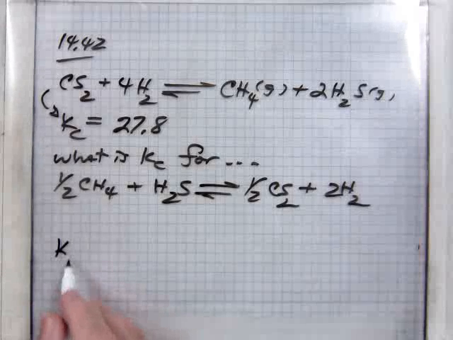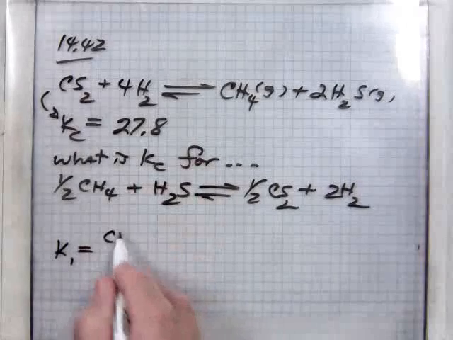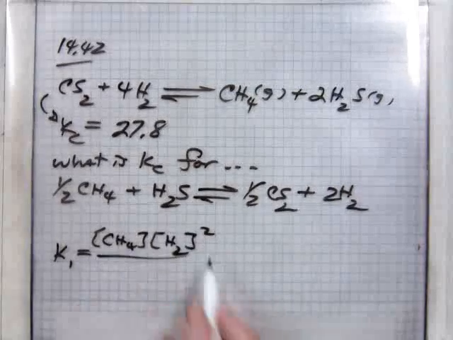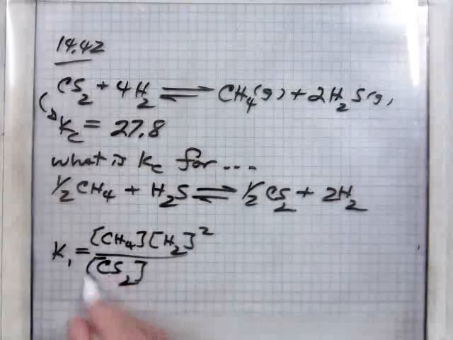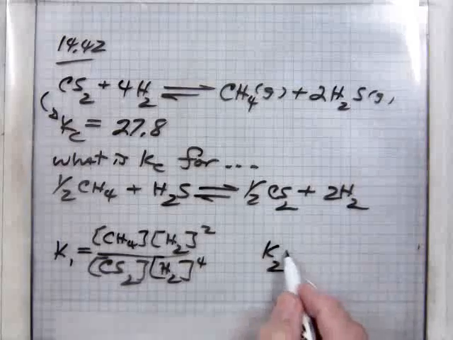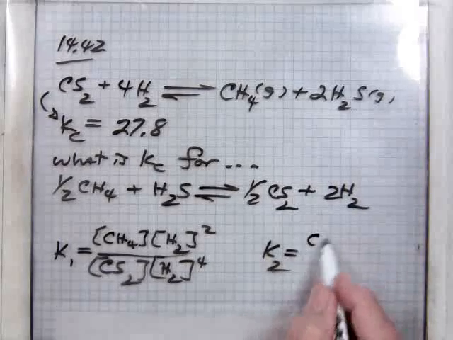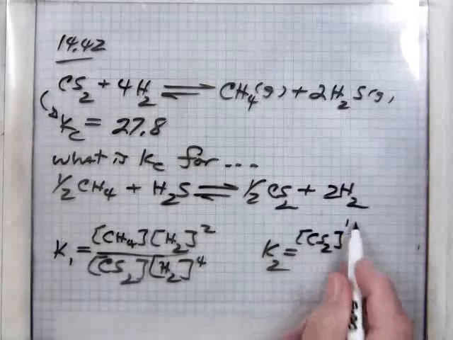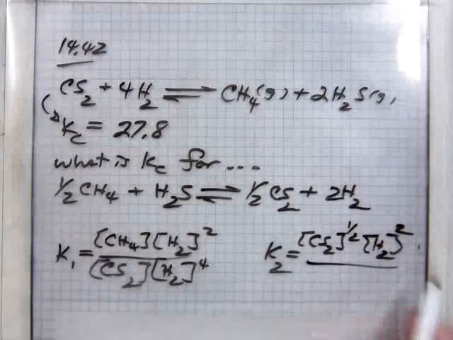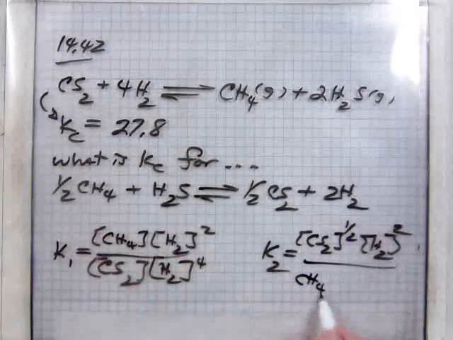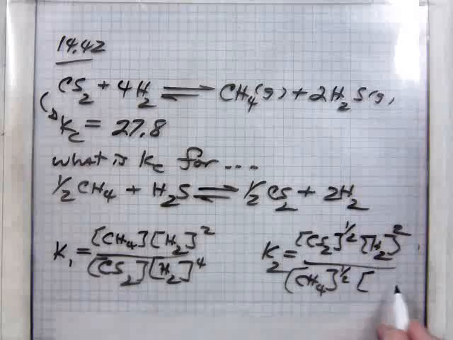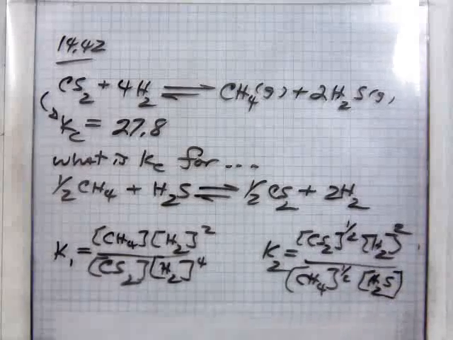So K1 is equal to CH4, H2S squared over CS2 and H2 to the 4th power, and then K2 is equal to CS2 to the 1/2, H2 to the 2nd power, and then we have CH4 to the 1/2 and H2S to the 1st power, like this.